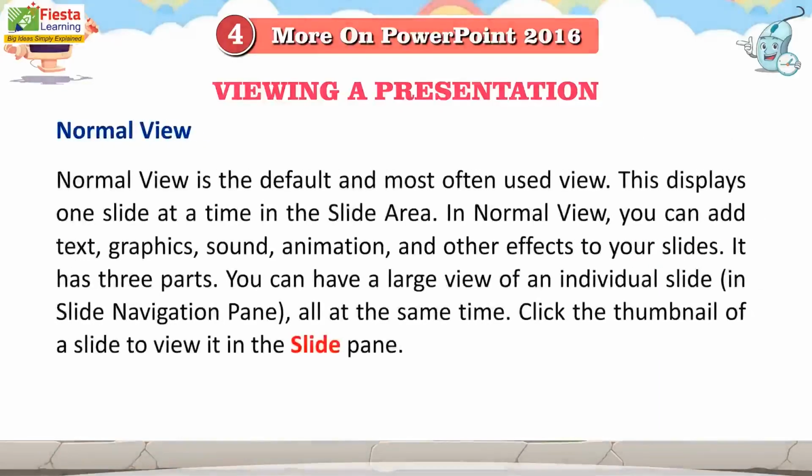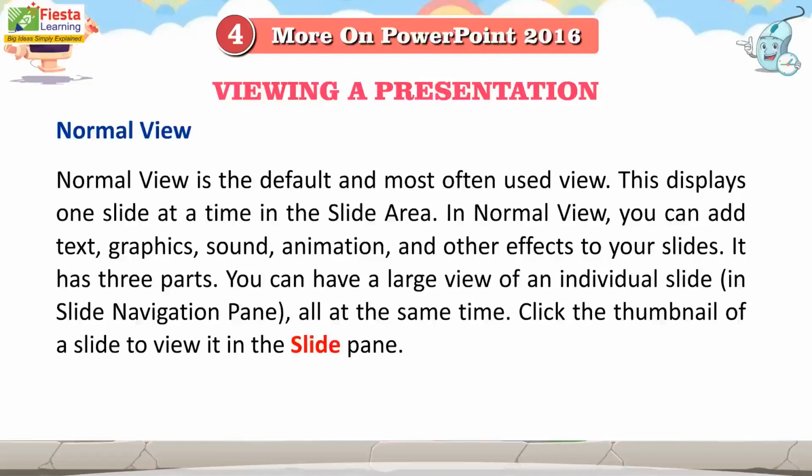Normal view. Normal view is the default and most often used view. This displays one slide at a time in the slide area. In normal view, you can add text, graphics, sound, animation, and other effects to your slide. It has 3 parts. You can have a large view of an individual slide.